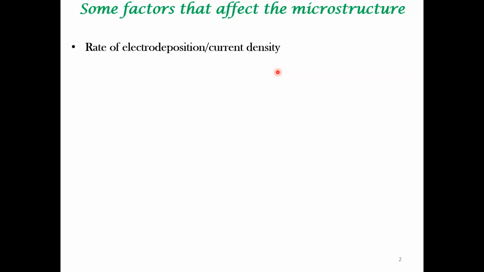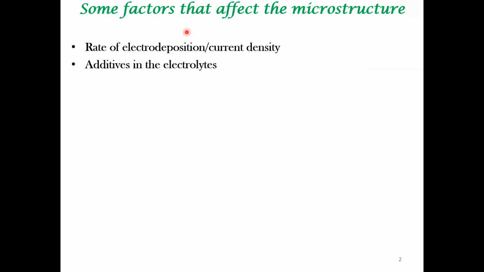The microstructure or morphology is very different when the electrodeposition is conducted at low rates or at high rates. Typically, you can control electrodeposition rates by controlling the overpotential involved in electrodeposition. This has a dominant effect on the morphology of the electrodeposit.